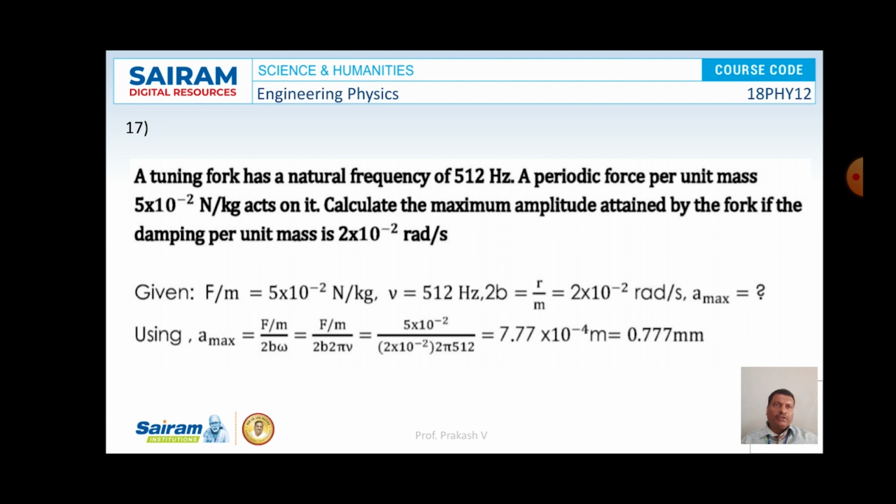So substitute the value of F by m as 5 into 10 to the power minus 2 by 2 into 10 to the power minus 2 into 2 pi. In place of mu substitute 512. So on simplification we will get 7.77 into 10 to the power minus 4 meter, or Amax is equal to 0.777 millimeter. That's what the value.